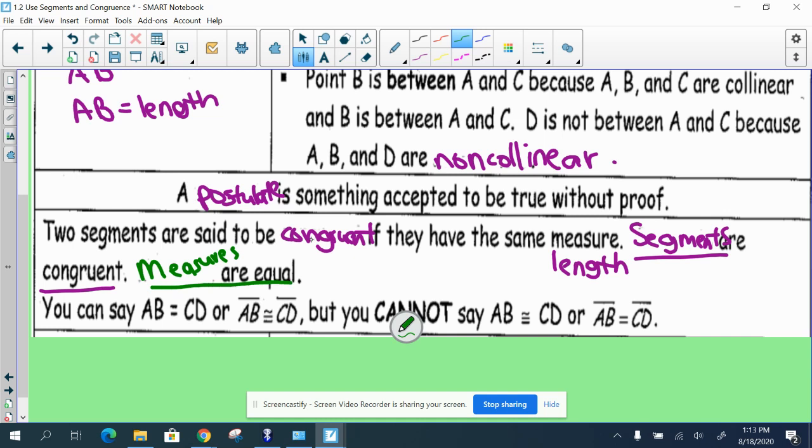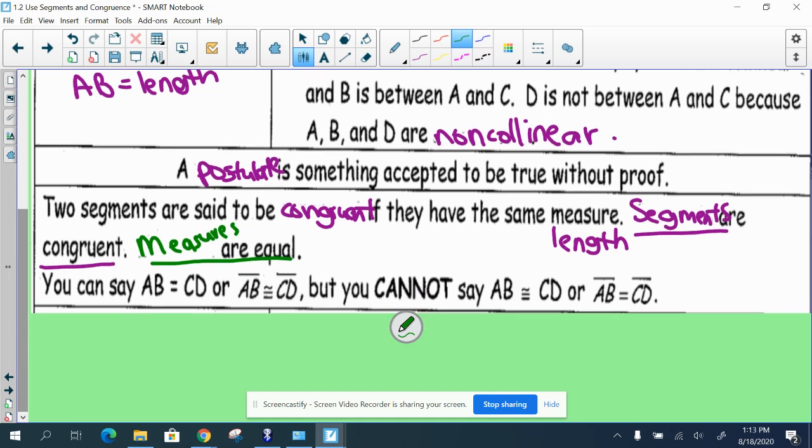So you only say that a figure is congruent to another figure, so the shapes are the same. But when you're talking about the length of the segment or its measure, then you say that the lengths or the numbers are equal. So the symbol for congruent is this marking here.